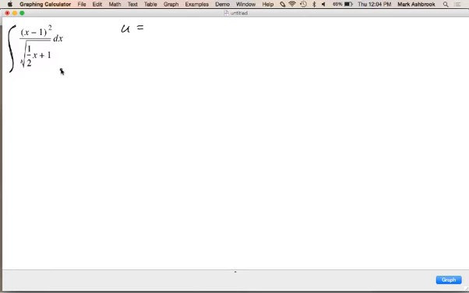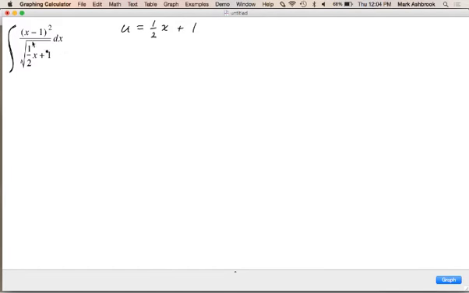Okay. Yeah, right. Yeah, exactly. So let's do the inside of the denominator. So we've got u equals, so that takes care of the denominator in terms of changing this into u.